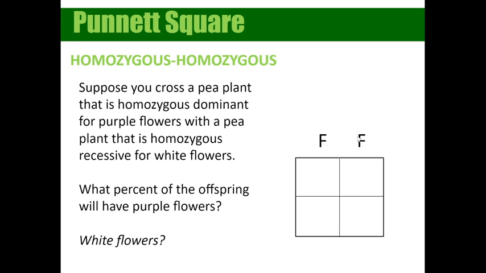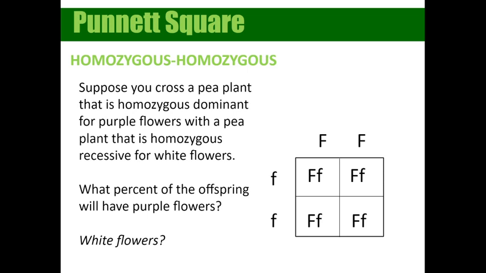So here we have big F, which is representing our homozygous dominant purple flowers. And then we have little f, representing our homozygous recessive white flowers. So let's fill in our Punnett square. Okay, so it looks like our pea plants are going to be heterozygous.